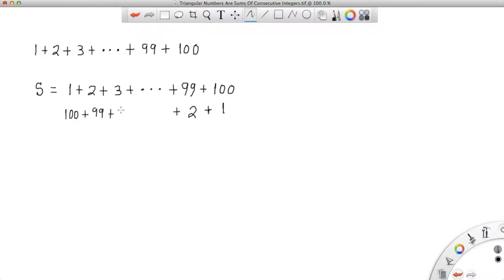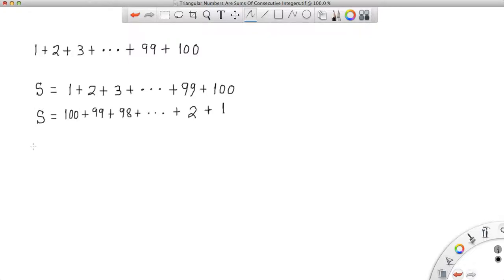So he just reversed the sum, but these are the same numbers. They are just written in the opposite order. So the result of this is the same number because we are adding the same terms.